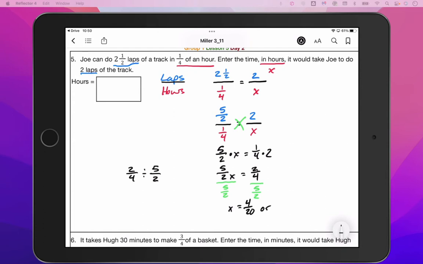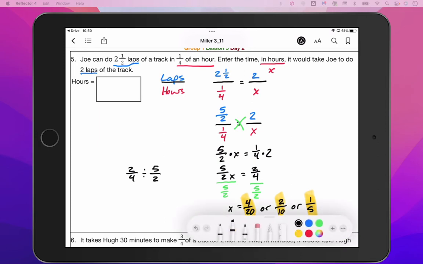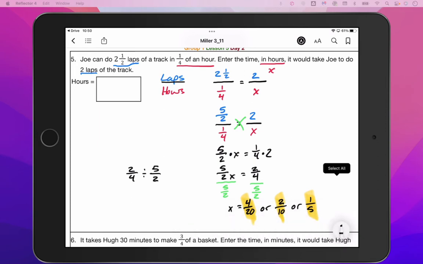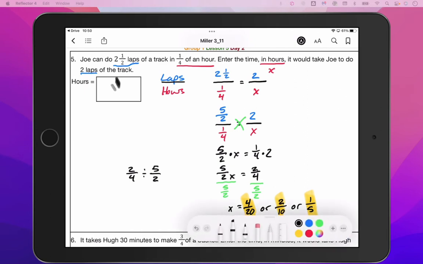Or if we were to simplify that, we would get 2/10. Or if we simplify that even further, we would get 1/5. So all of these are acceptable answers. I'll go ahead and stick with the most simplified one of 1/5.